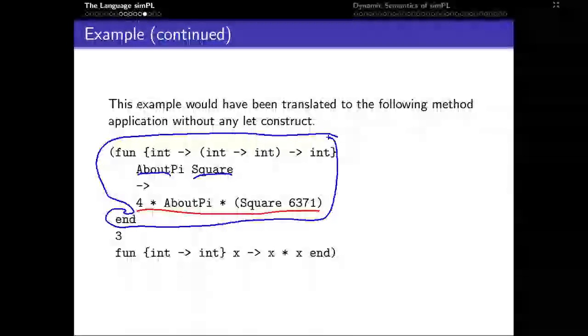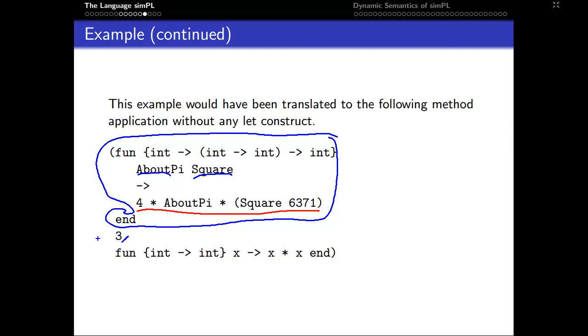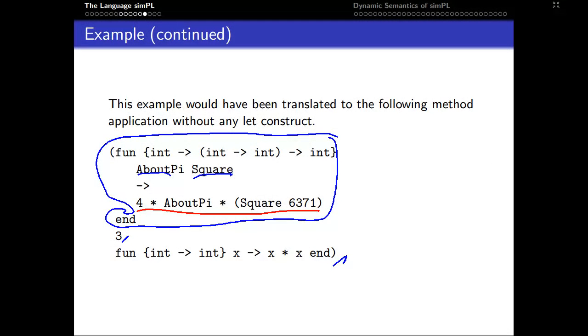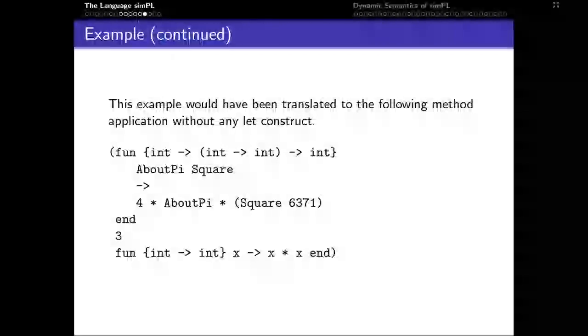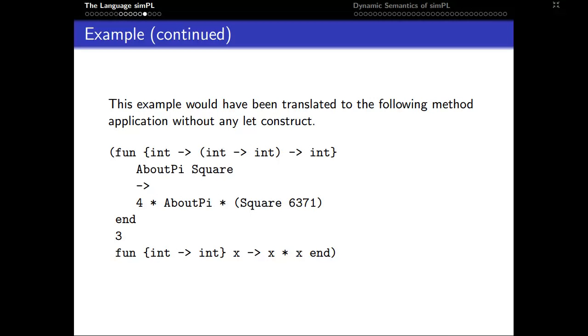Then I apply this function to 3, which is the value defined for about pi, and this entire function, which is the value defined for square. And this is the equivalent non-syntactic sugar expression, the core language expression, corresponding to the one on the previous line. Is this clear? All right.